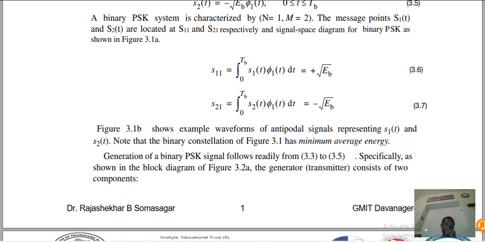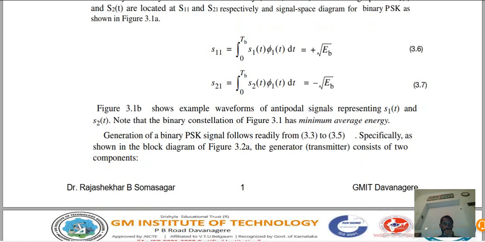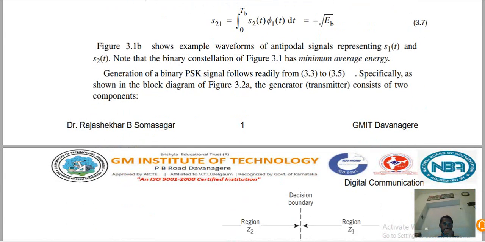That is, S11 equals integration from 0 to TB of S1 of t times phi 1 of t dt, equal to plus square root of EB, and S21 equals integration from 0 to TB of S2 of t times phi 1 of t dt, equal to minus square root of EB, as shown in equation 3.7. Now move to figure 3.1b.